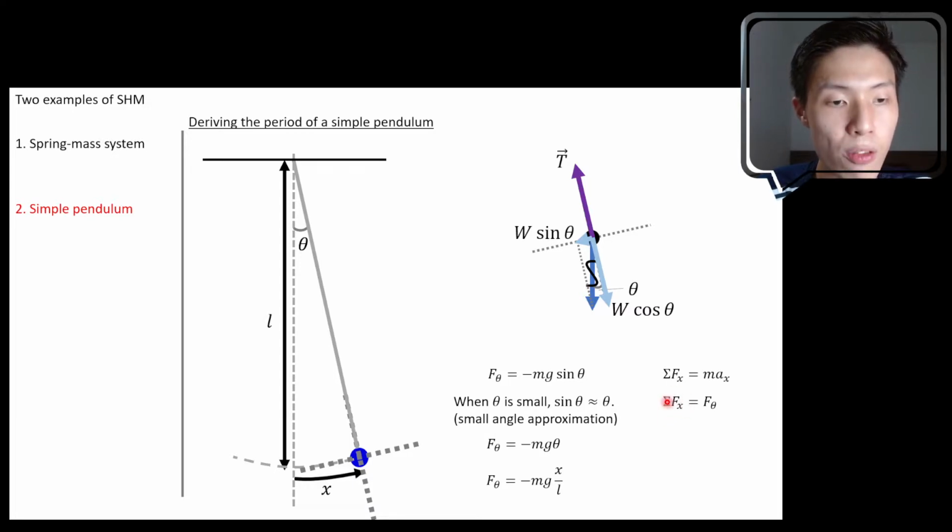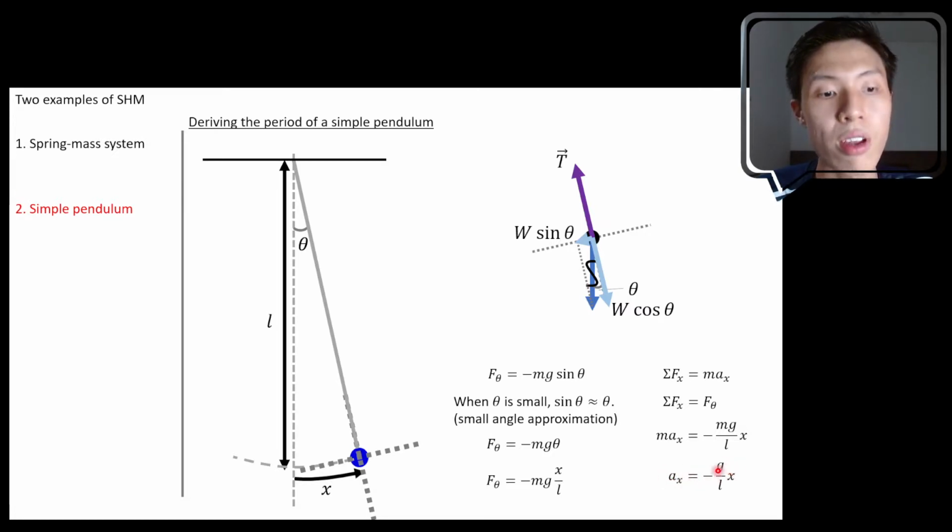The sum of forces acting in this x dimension is equal to F theta, and we know F theta is negative mgx divided by L. If we equate ma, the mass times the x component of acceleration, with negative mass times gravitational acceleration divided by the length of the pendulum times the displacement, and eliminate the mass on both sides, you get the x component of acceleration equal to negative g divided by L times x. And this is the equation that we are talking about.